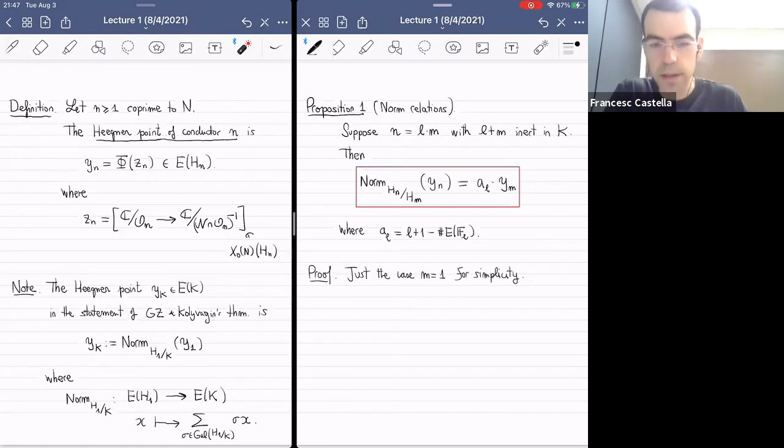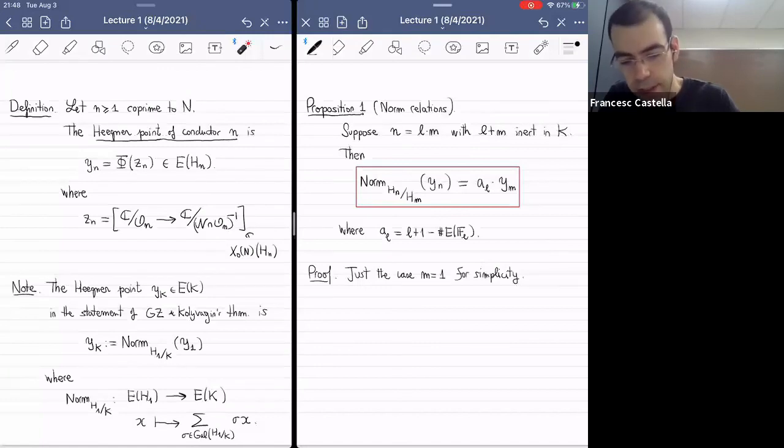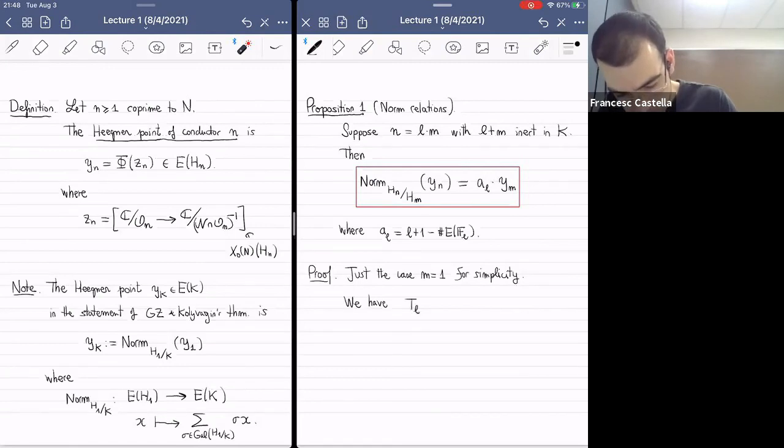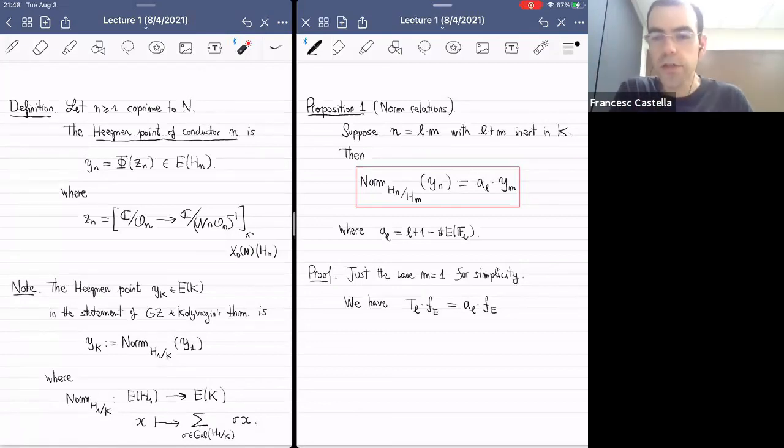Okay, so the key point here is that the modular form attached to E is a T_ℓ eigenvector, and the eigenvalue for the ℓ-th Fourier coefficient is precisely this a sub ℓ. So we have T sub ℓ acting on f_E, the newform associated with E by modularity, is a sub ℓ times f_E. Okay, so this will translate into the following equality in terms of the modular parametrization.